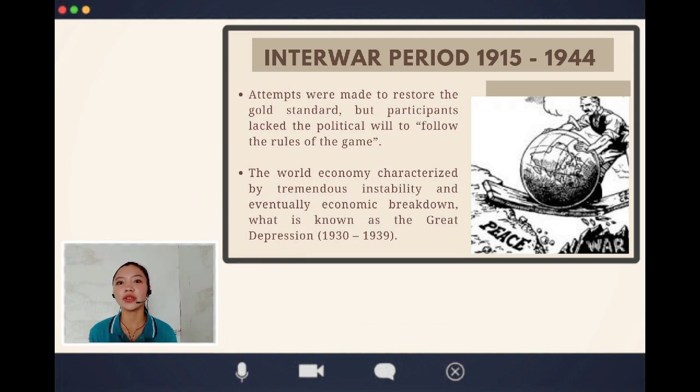The interwar period was between World War I and World War II, in the years 1915 to 1944. In this period, attempts were made to restore the gold standard, but participants lacked the political will to follow the rules of the game. They experienced high inflation rates because governments suspended the gold standard.